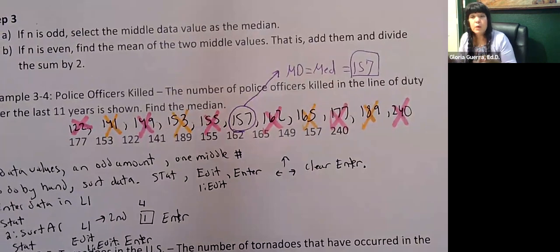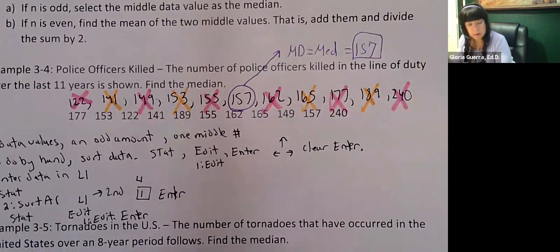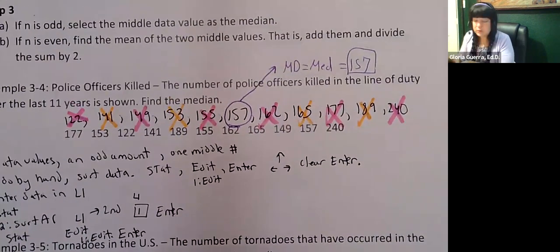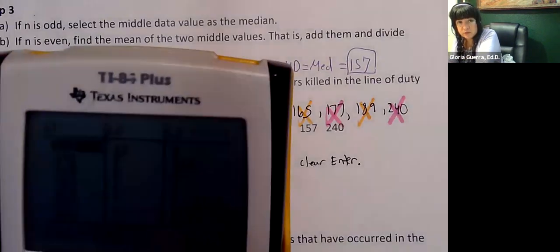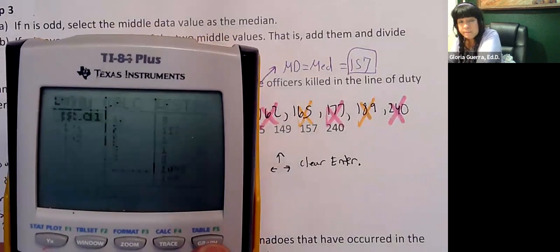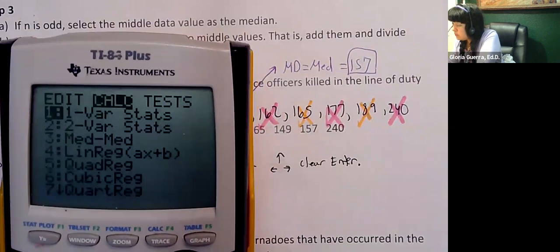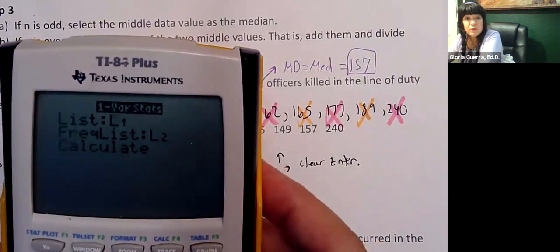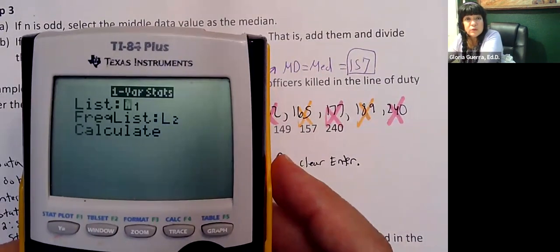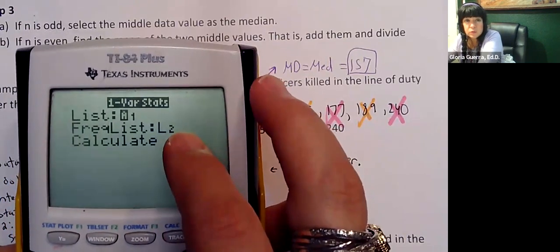Okay. Now, when you do this solely on the calculator, you just enter your data. We already have the data in there, it just happens to be in order. But you would enter your data, you would go to Stat, Calculate, One Variable Stats. And here you have to be careful because you don't want anything in the L2.